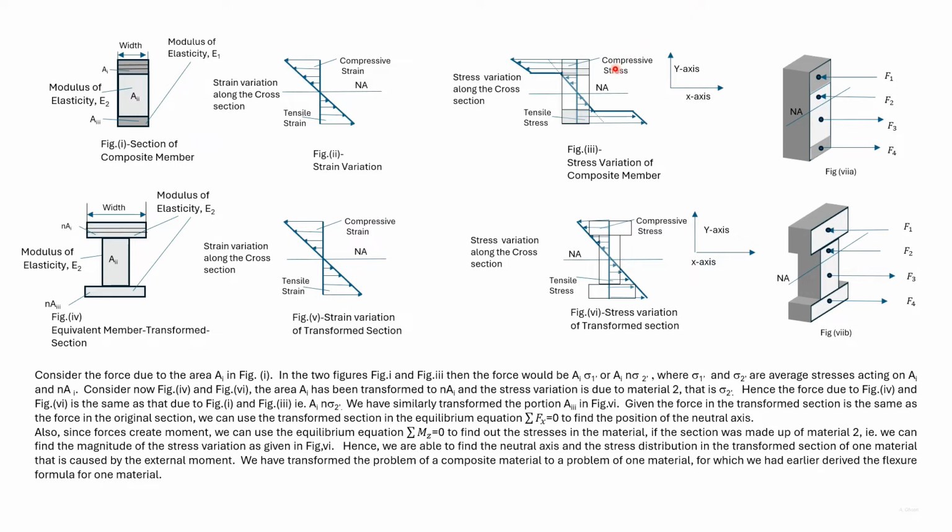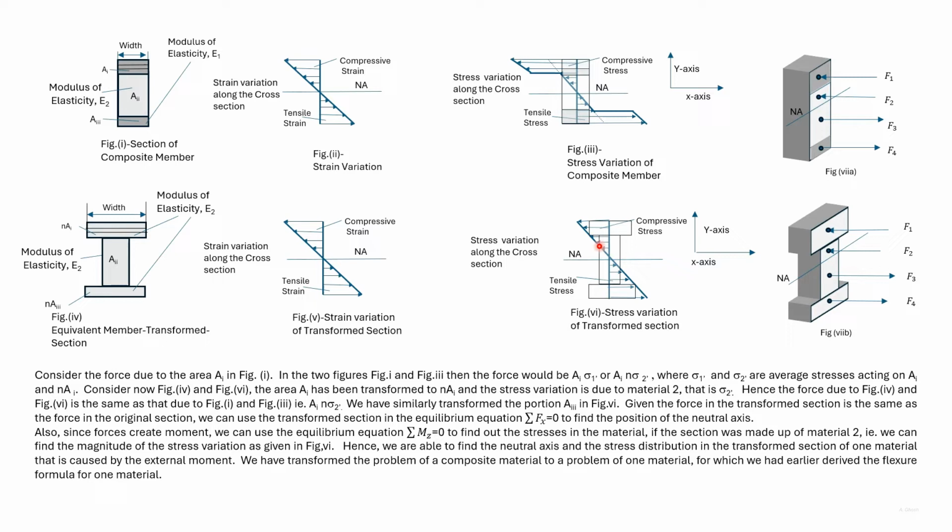So the force in these two cases are the same. It depends upon whether N is grouped with the stress or with the area. As we earlier saw, N sigma 2 dash is equal to sigma 1 dash, and A1 into sigma 1 dash gives F1 in this case.